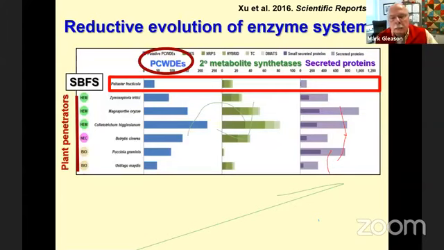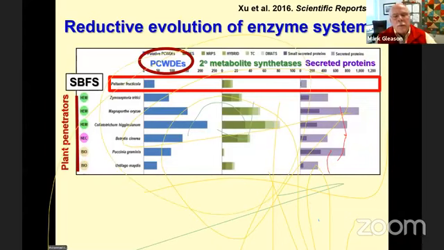If you look at just this category, plant cell wall degrading enzymes, the cellulases and so on that degrade the cell wall, you can see that Peltaster fructicula, the sooty blotch flyspeck fungus, has rather little presence in these enzyme systems. And the secondary metabolite synthetases, another weapon associated with plant invasion, again are very low, and likewise secreted proteins or effectors, very little.